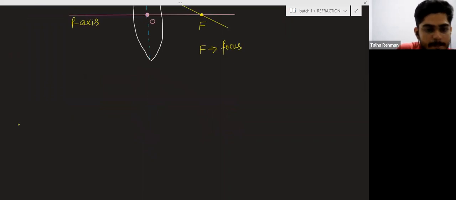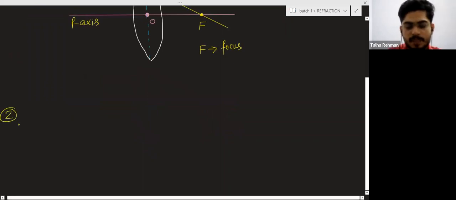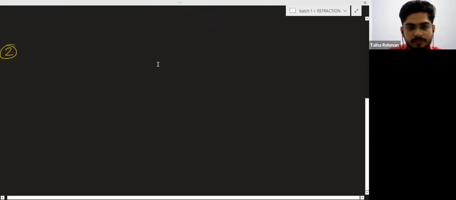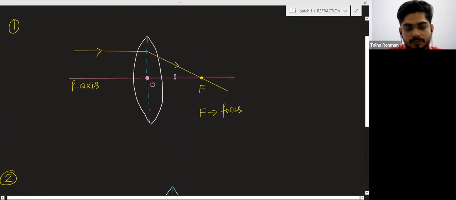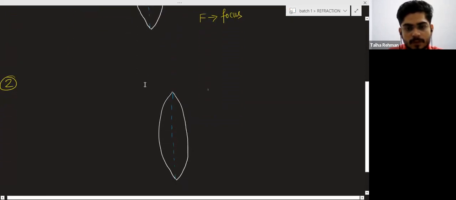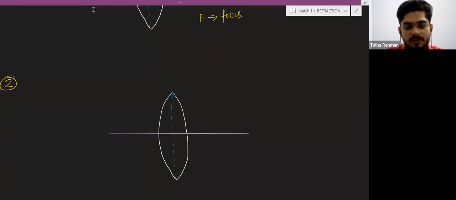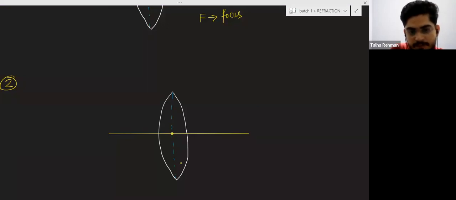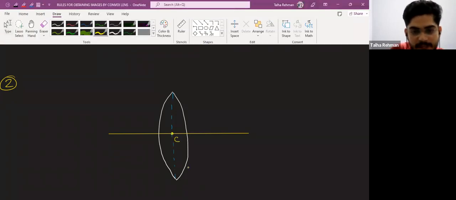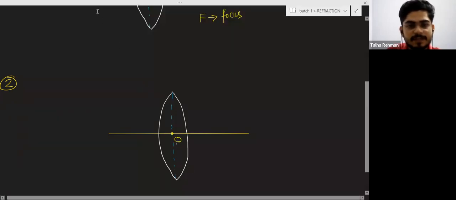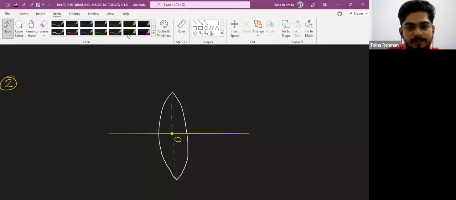Rule number 2, we have only 3 rules. Suppose this is the principal axis and this is the optical center. If a light ray is passing through the optical center, see what will happen.